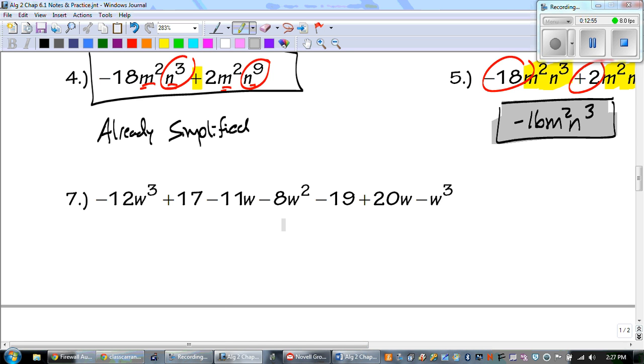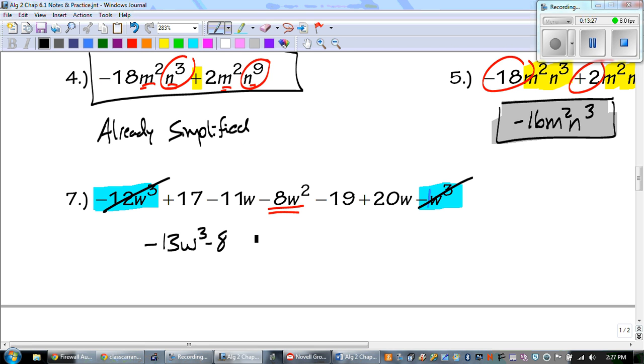This should be a review, hopefully. All right, so for number 7, guys, I know there's a lot of information here, okay? Find the variables that are the same and always start with the highest exponent. Now I have negative 12 minus 1, which gives me negative 13w cubed. Now if you want to cross those out, it's fine. Next I'm looking for negative 8w squared. It doesn't have a partner, but it goes next.